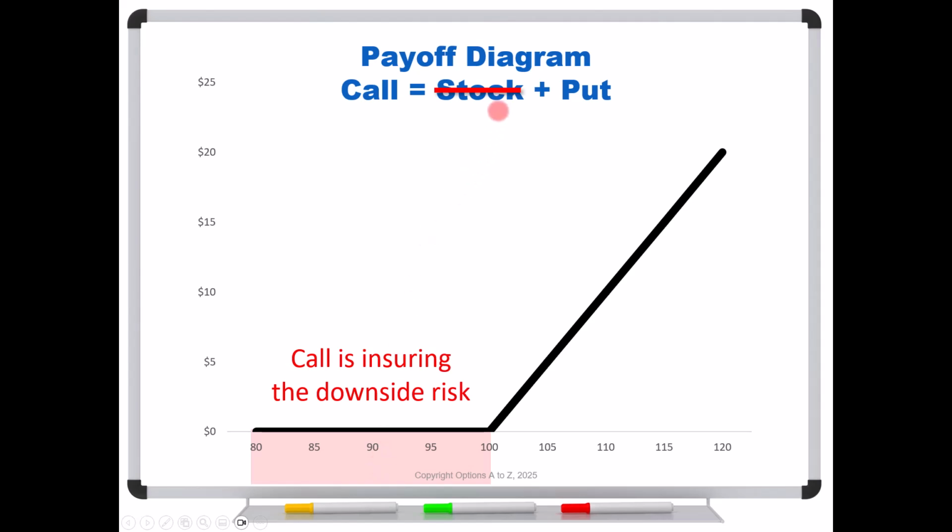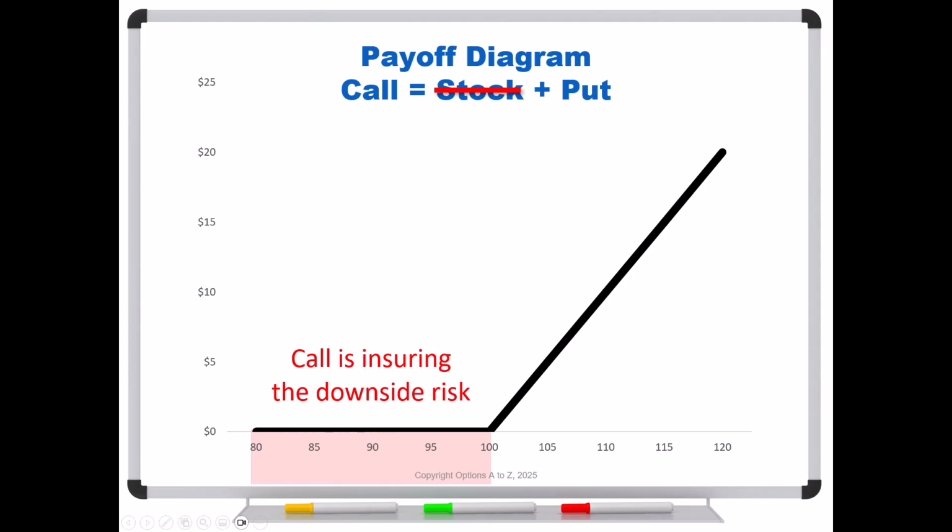If you had purchased the shares, you would have been exposed to this, but you didn't have the cash for it. So instead, you buy the call and you're using it as a substitute for stock plus put. You're using it because you can't buy the stock and also buy the put. So again, when viewed in this light, the call option is acting as a downside insurance policy.